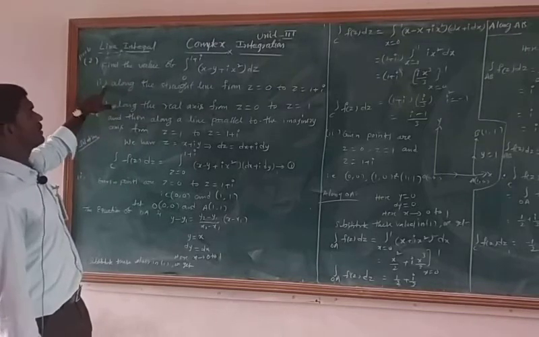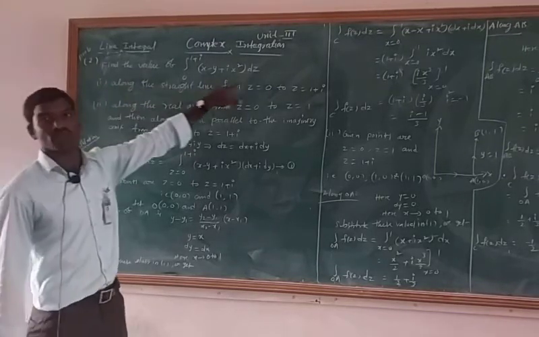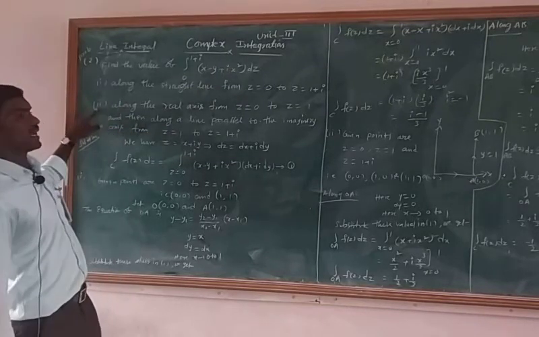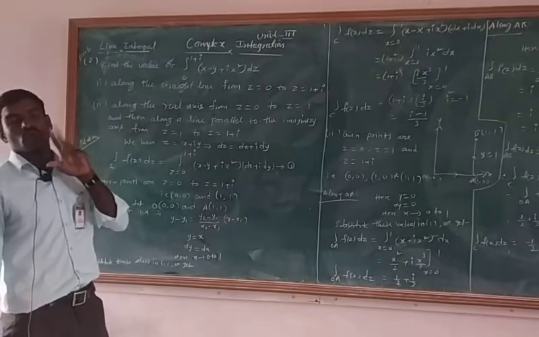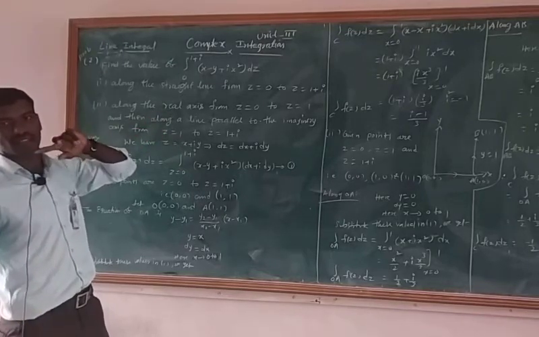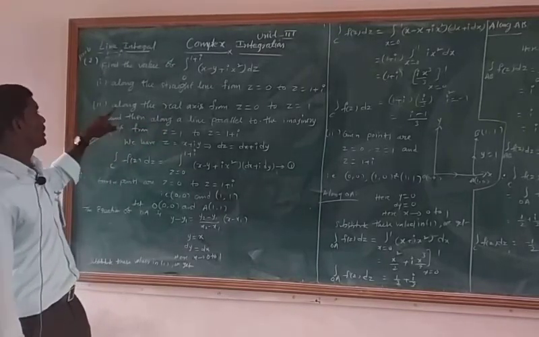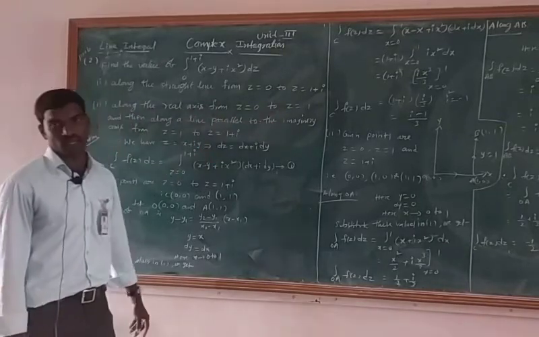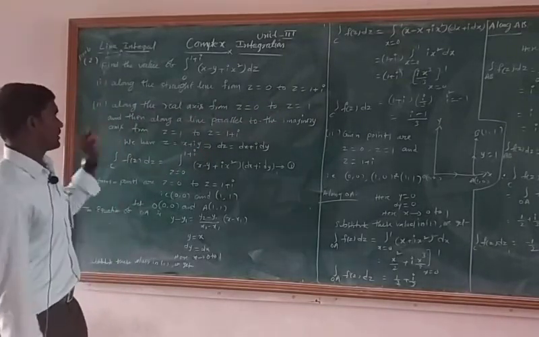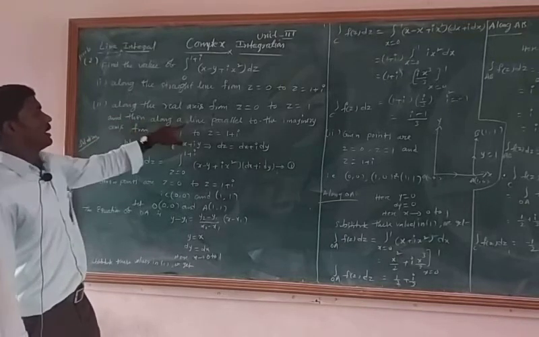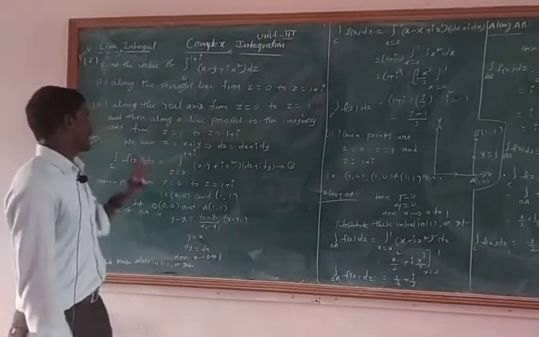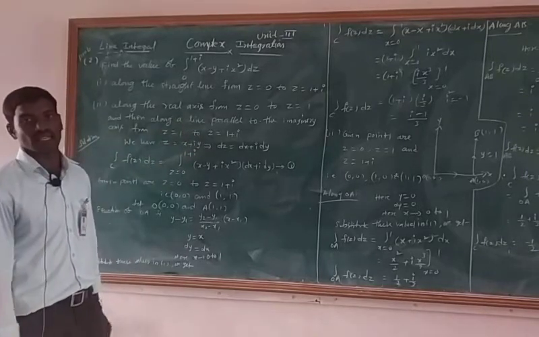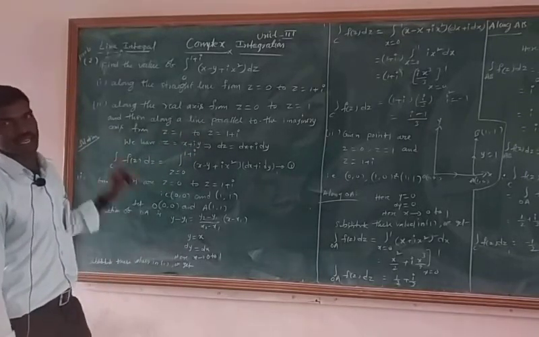First case is along this straight line between these 2 points. In the second case, we have 2 parts: along the real axis from z equals 0 to z equals 1 is one case, and another is a line parallel to the imaginary axis from z equals 1 to z equals 1 plus i.